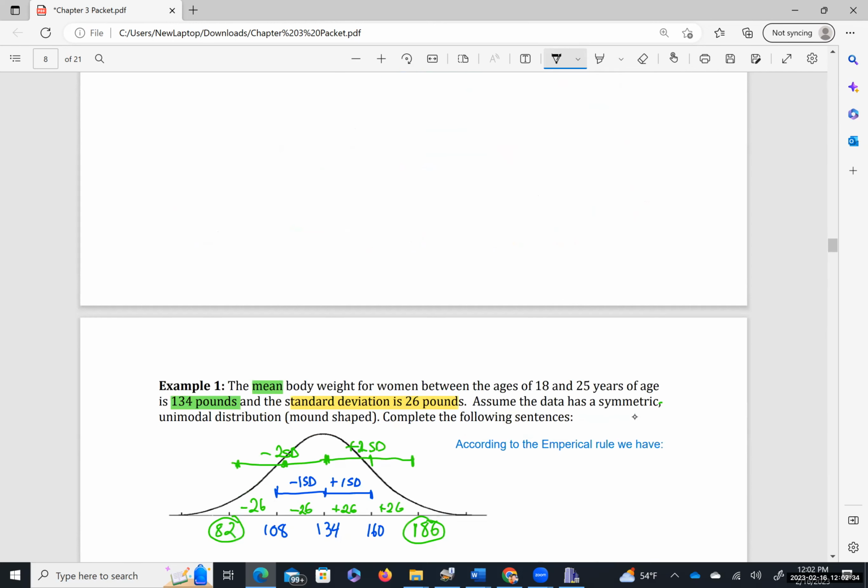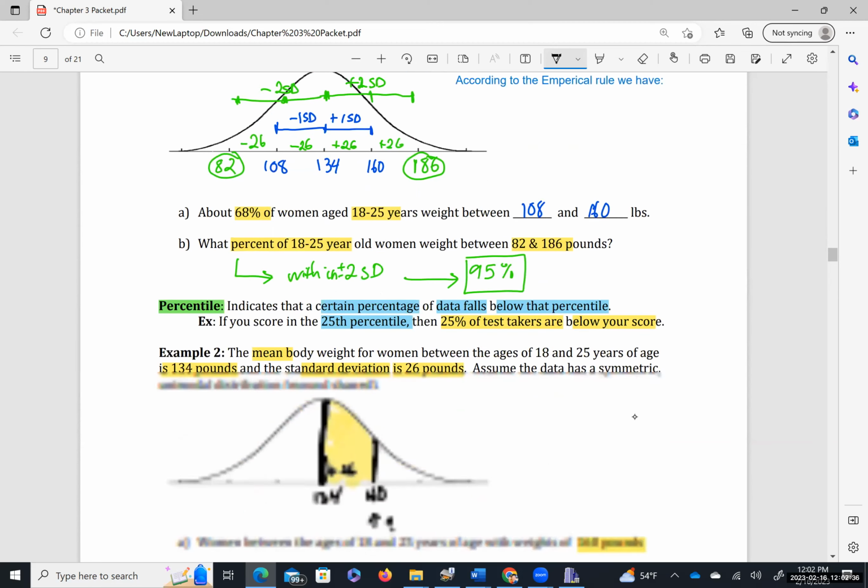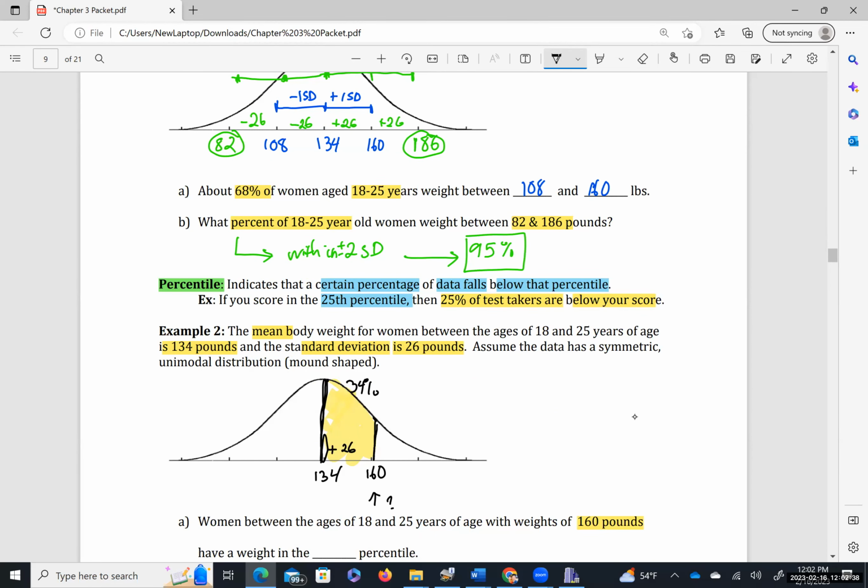What else? And from the mean to below, it's going to be 50%. Everyone agree?